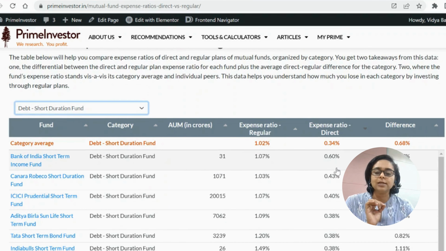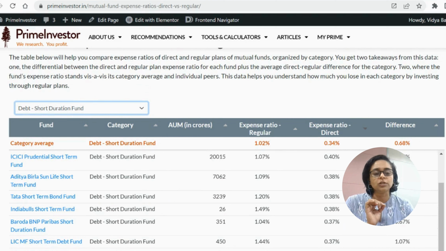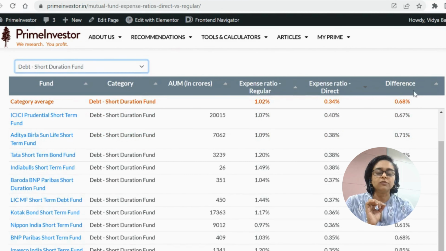Let me just take the example of debt short duration fund. In debt short duration fund, the average expense ratio you will see is around 1% for the regular, and it's just 0.34% in direct. Now, this almost 70 basis points, 0.7%, makes a big difference to your returns. Because in debt, as you know, let's take your FD.